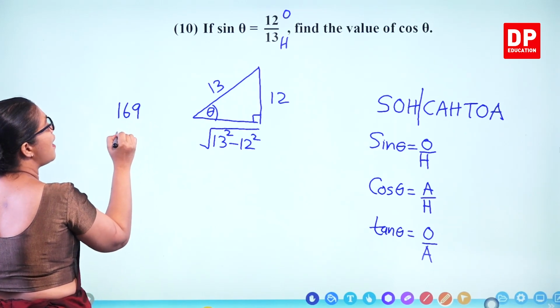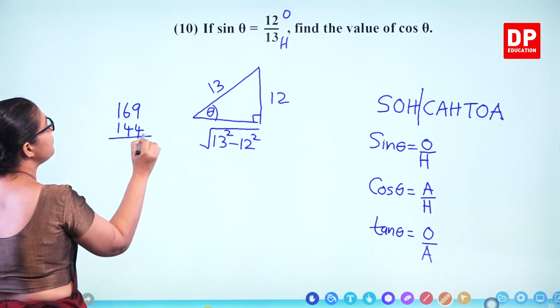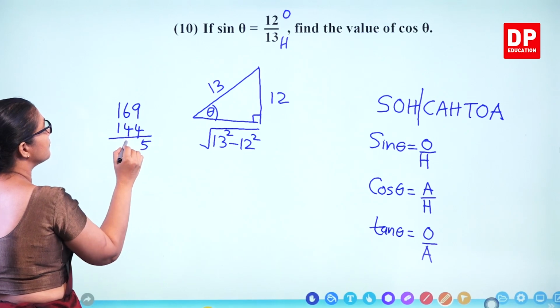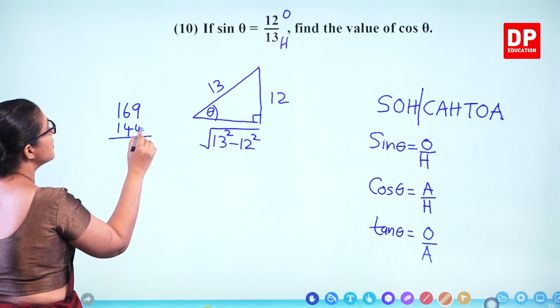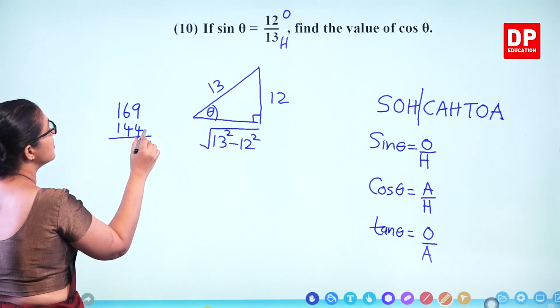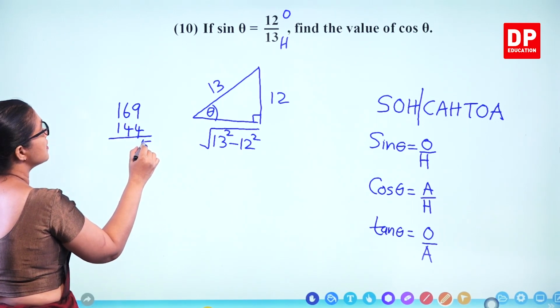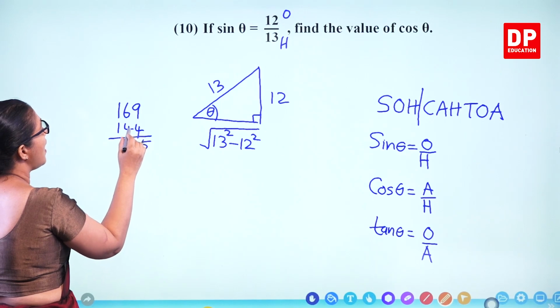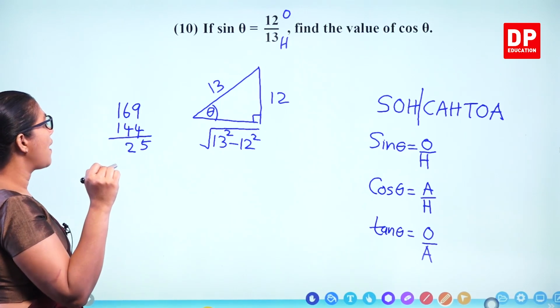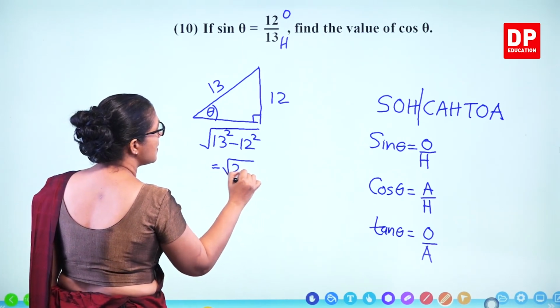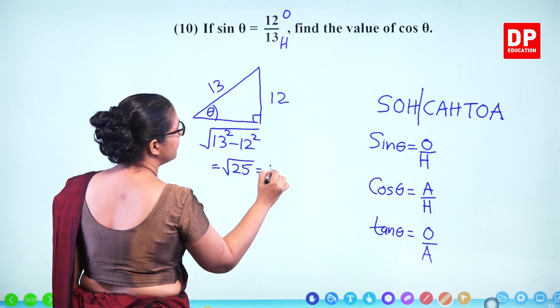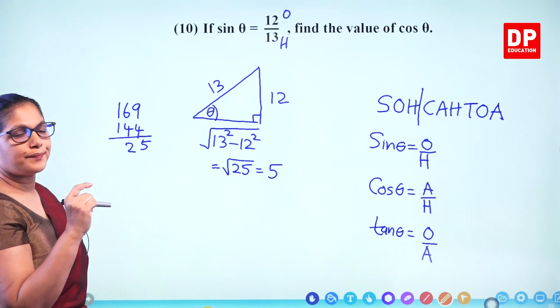169 minus 144. You get 25. So the square root of 25 is 5. So this side is 5.